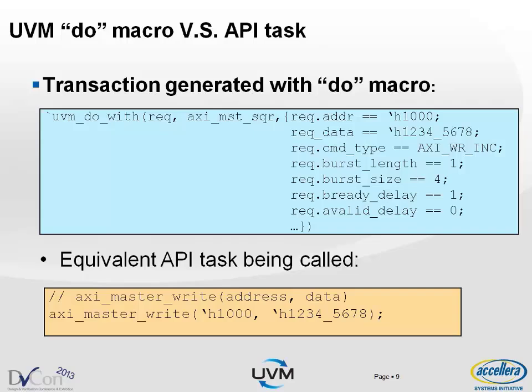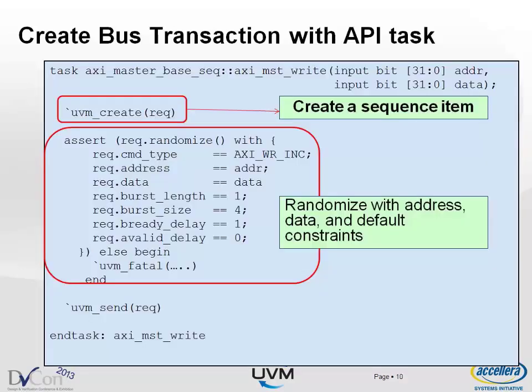We also specify some other default constraints here. But if we want to use the API task, the equivalent is just one line like this. We call it AXI master write, and we pass the address and the data. The way to implement this API task is that we define the task, create a sequence item, and then randomize this sequence item with some constraints.